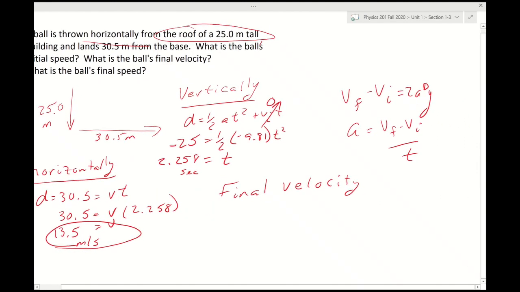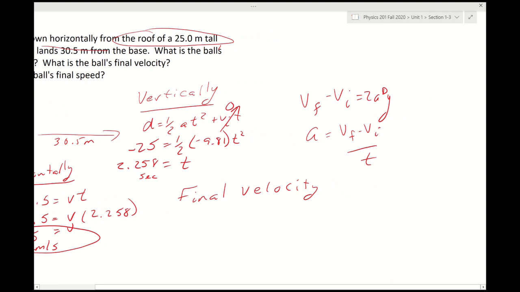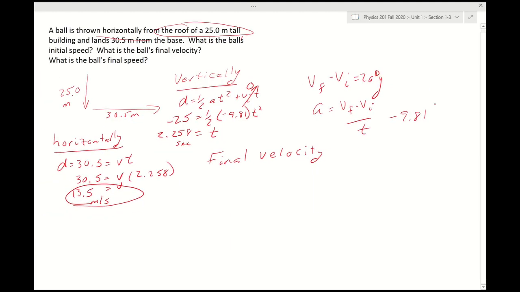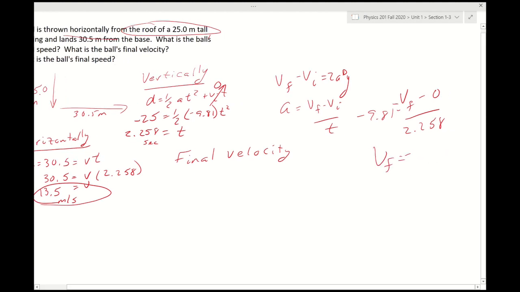Since we know the acceleration is a negative 9.81, it is equal to Vf minus 0 over our time, which was 2.258. This will give us a final velocity component, vertical speed. Vf is equal to a negative 22.2 meters per second.